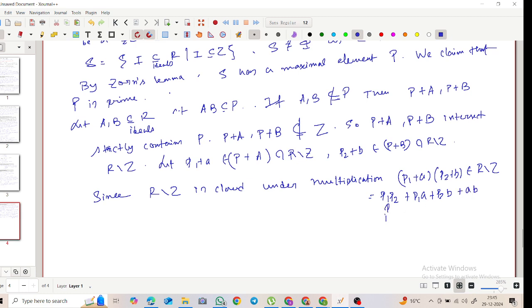You see, the first three terms are in P, and ab is in AB, which is a subset of P. So this whole element belongs to P, which is a contradiction, as P belongs to S implies P is a subset of Z. Okay, so P is prime, because then either A or B is completely contained in P.